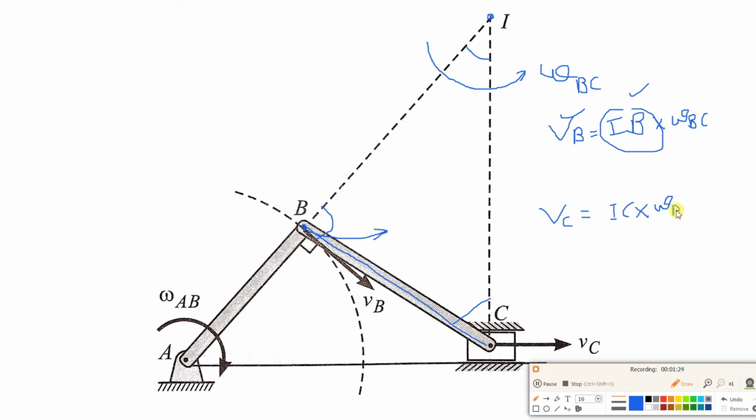Omega BC we have calculated here, so this value is there. The IC value we will get from the sine rule. Apply the sine rule to this triangle IBC. If all the angles are known and if side BC is known, we can calculate IB and we can calculate IC. So if IC is known, we can calculate VC. In this way we can calculate the velocity of the slider.